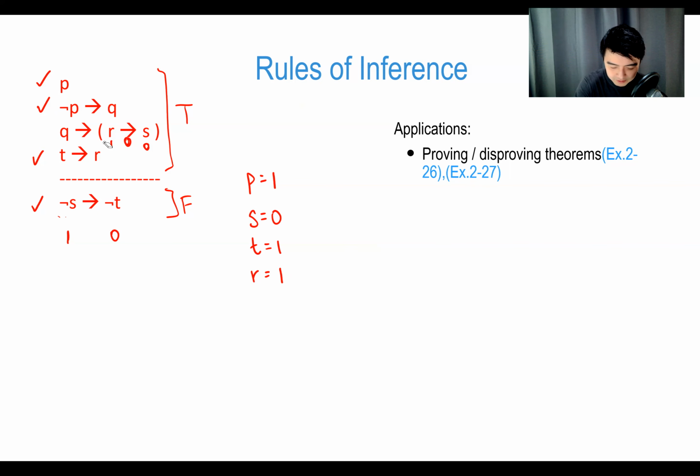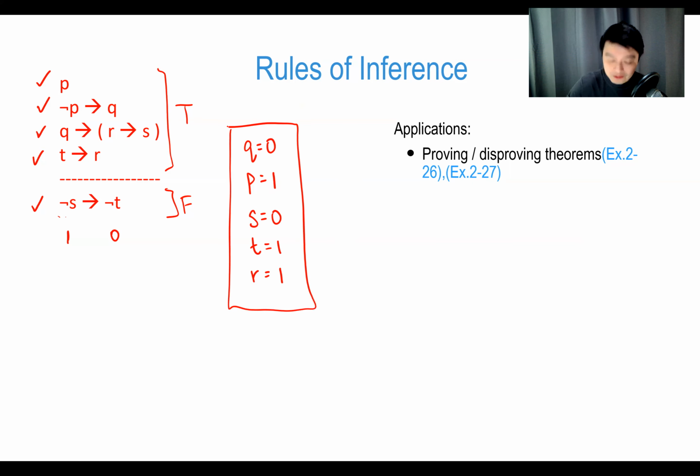Now, notice the difference between this example and the one that we just did with modus ponens. The difference with this example is that there's no contradiction. So if I assign Q to be 0, P to be 1, S to be 0, T and R to be 1, this will give me a case where everything above the line is true, but everything below the line is false.